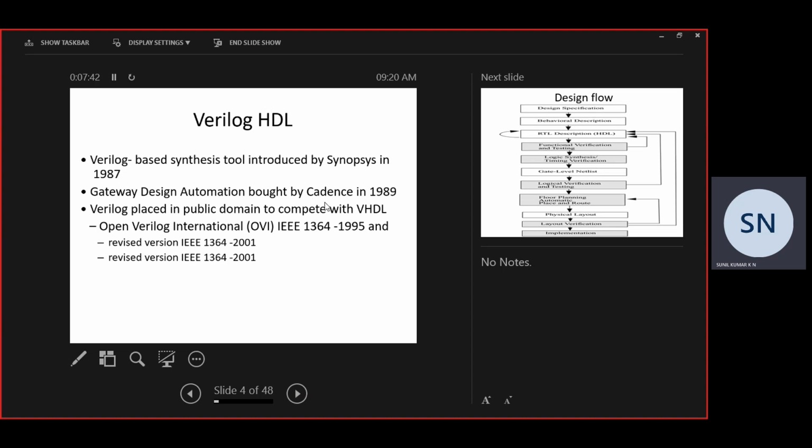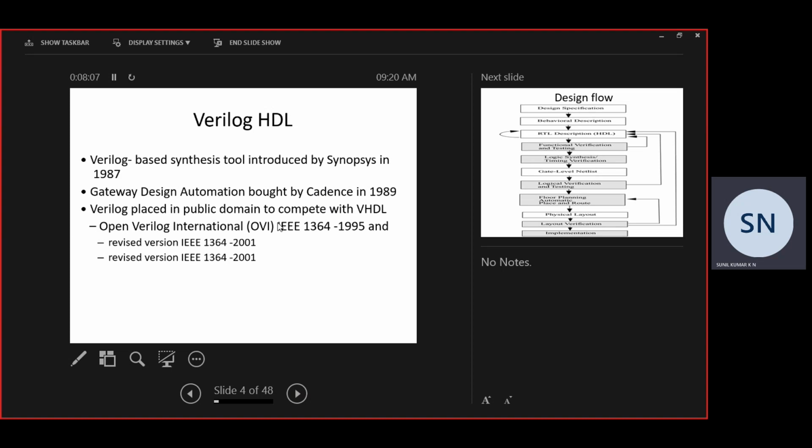Cadence is one tool, as well as Synopsys, industry VLSI standards. Apart from these two tools, there are Mentor Graphics and Xilinx, which we are going to study in the lab. Mentor Graphics is another tool with which we can describe the hardware. These are all the basic core companies where we can describe the hardware.